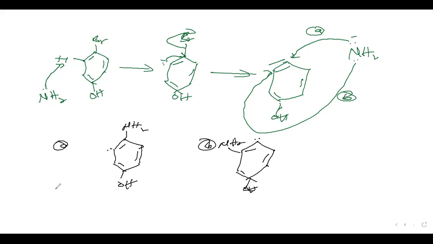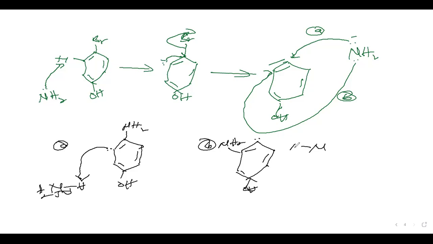Then from here, we would have the ammonia coming in. The lone pairs will take a hydrogen, just the proton, from ammonia, so that the bond between the nitrogen and hydrogen will break onto the nitrogen. In this place, it's the same thing.